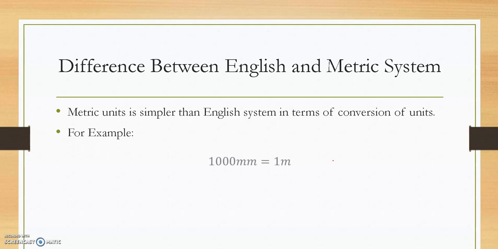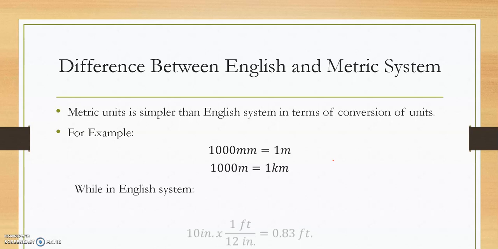Why? Say for example, 1000 mm. mm is millimeter, so we have the prefix milli. And then 1,000 mm is equivalent to 1 meter. So that's very easy to memorize or to master. We also have 1,000 meters, say for example, equivalent to 1 kilometer. So you can see there is a pattern in terms of its prefix.